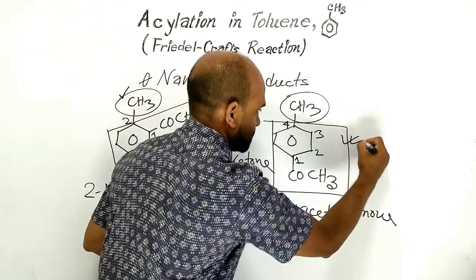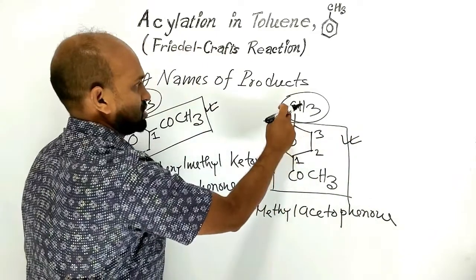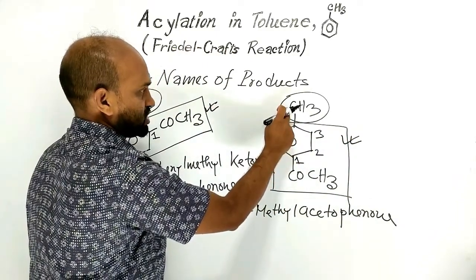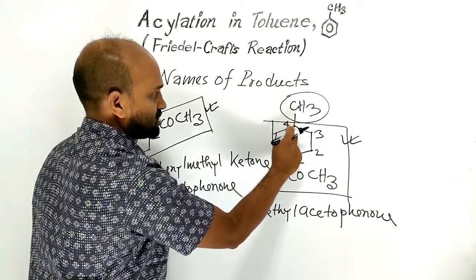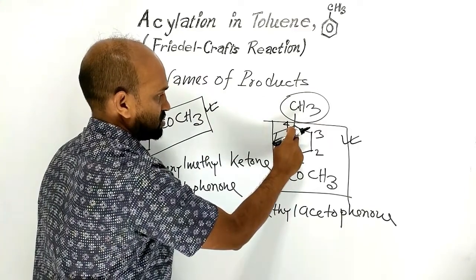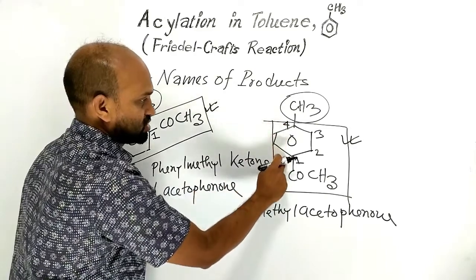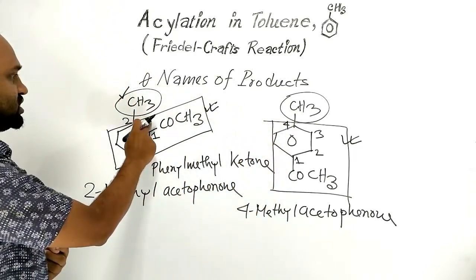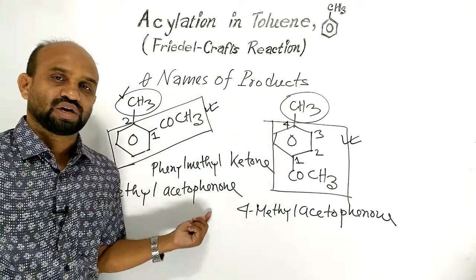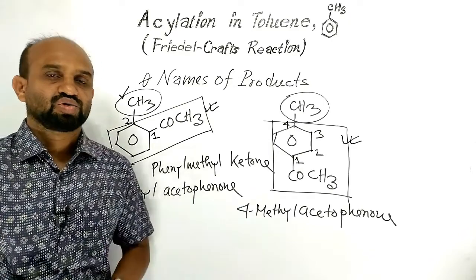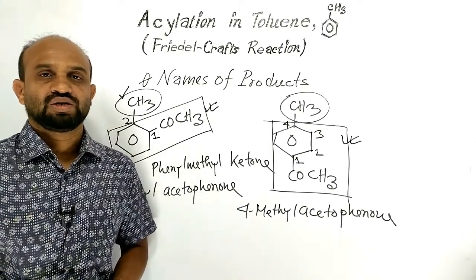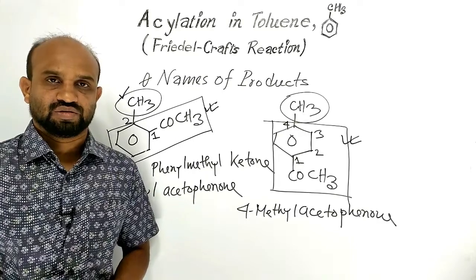This is parent compound. Methyl group is substituent here, which is at carbon number 4. That is why its name is 4-methyl acetophenone. Its name is 2-methyl acetophenone. These two compounds are the main products of the reaction.